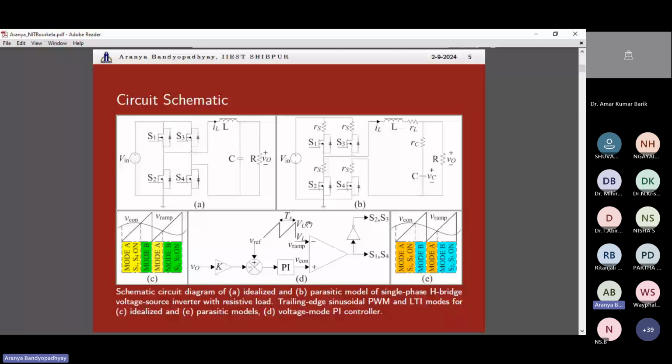Hysteresis controller, bang-bang controller. When that type of controller is there, you would see that there is no such thing as an external forcing function. There is no external forcing frequency, and the switching frequency tends to change with changes in, say, load resistance values or input voltage values.